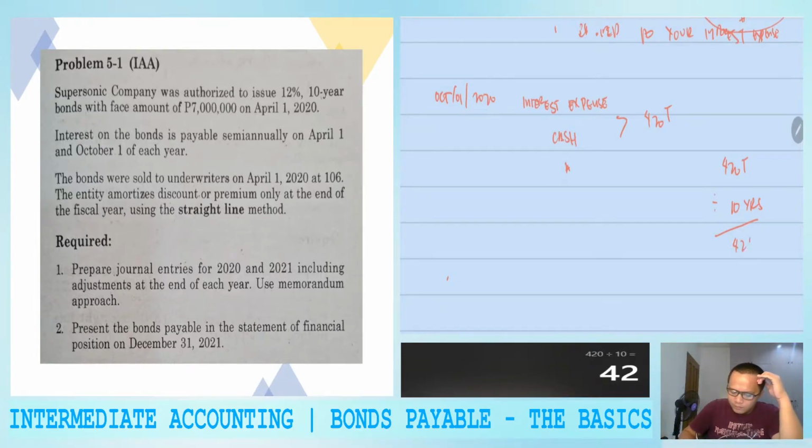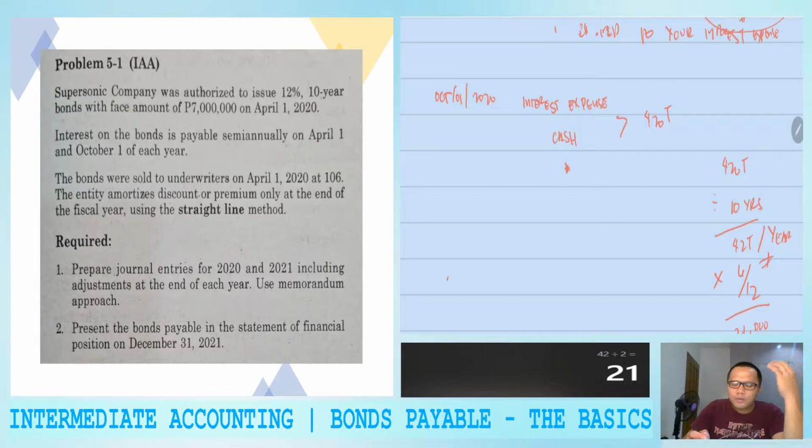So that is 42,000. But we have to remember this is per year. And the covered period was only 6 months, based on our counting. So again, times 6 divided by 12. So basically, that is 21,000.